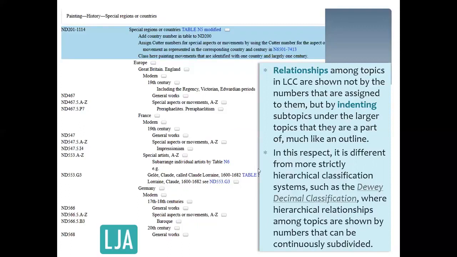So unlike Dewey, where you could just come out with your notation and you could make this really long notation, with the Library of Congress subject headings, you really are going to have just your base call number. So it could be something like down here at ND 566.5.B3. So that would be our start.